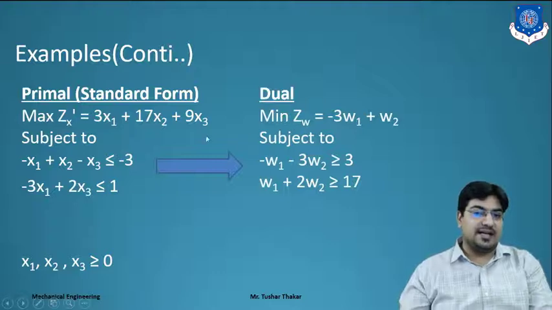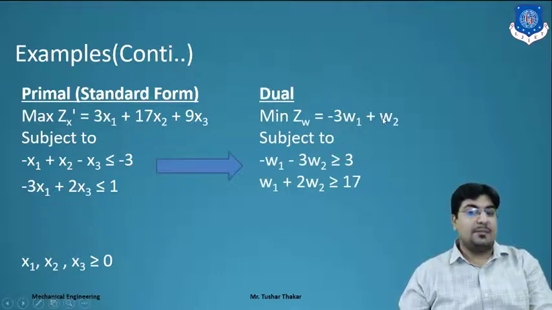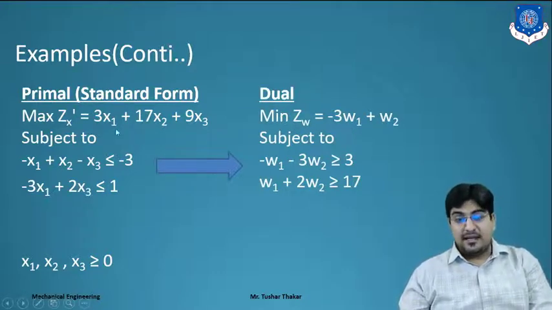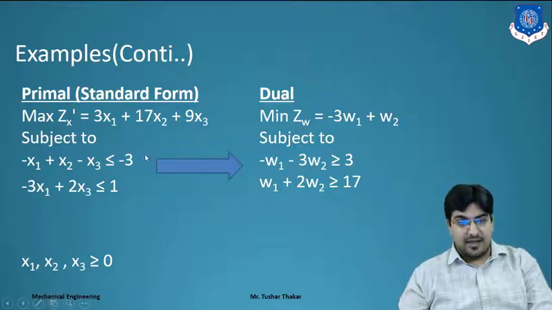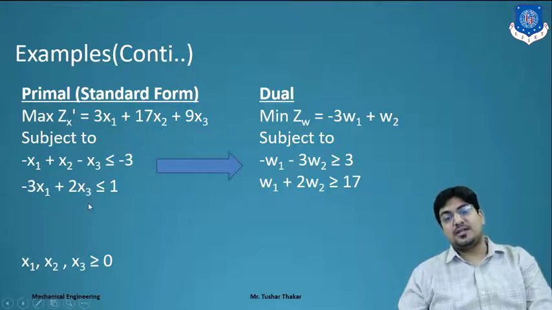So minimize z = -3w1 + w2. There are three variables in the primal objective function, but we have only two equations and two constants on the RHS.